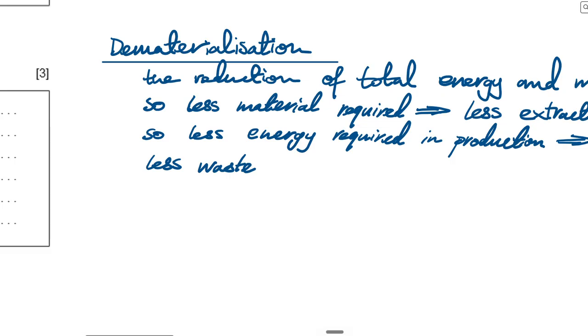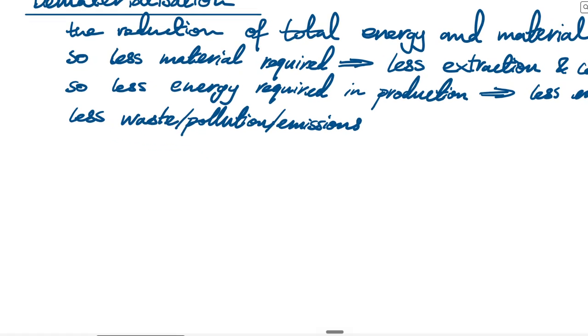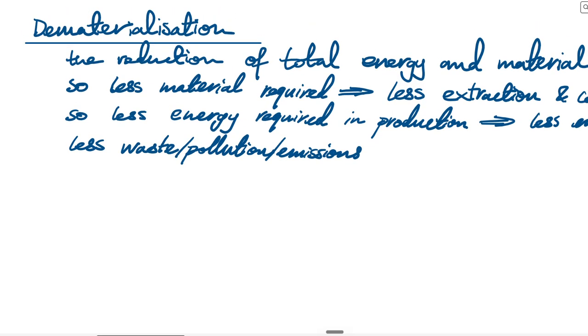Less waste, pollution, emissions. So any of these are valid, or lower environmental impact, right? We can add that at the end. That's always the additional point we want to make, even if it might not be on the mark scheme. So less waste, pollution, or emissions in production and end of life.